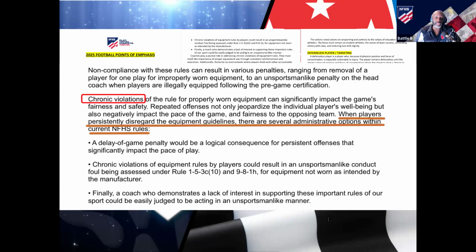So it's telling us that there are some tools in our tool bag that we can use if we need to. Finally, a coach who demonstrates a lack of interest in supporting these important rules of our sport could easily be judged as acting in an unsportsmanlike manner.